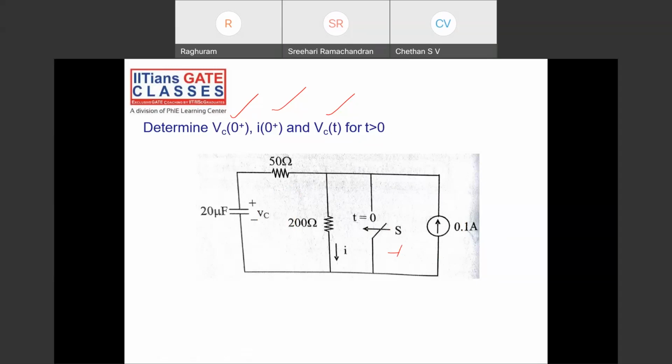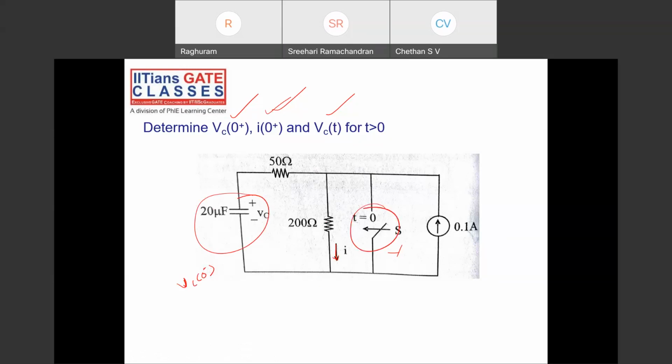So find I of 0 plus is what you need to find. For that, it's a capacitive circuit, right? RC circuit. Find VC of 0 plus or VC of 0 minus, which is same as 0 plus. At t equal to 0 minus, what is the position of the switch?